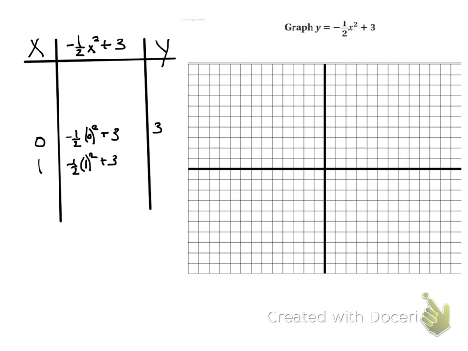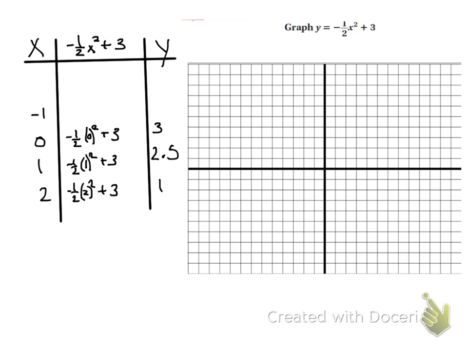That'd end up being -1/2 plus 3, which gives me 2.5. 2: -1/2 times 2 squared. That's going to give me -2, because 4 times negative 1/2 is negative 2, plus 3 is 1.